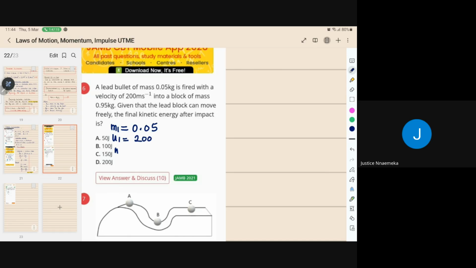M2, the mass of the block, is 0.95. U2, we assume the block is not moving initially, before collision. After the collision, they stick together and have a common velocity. V is what we are looking for, and the kinetic energy after the impact is also what we seek.